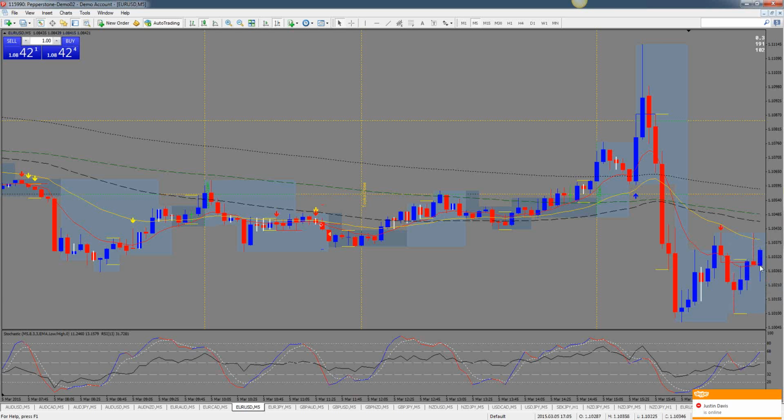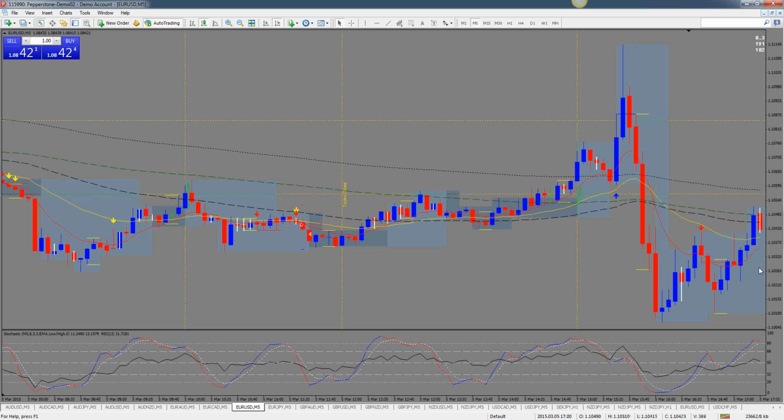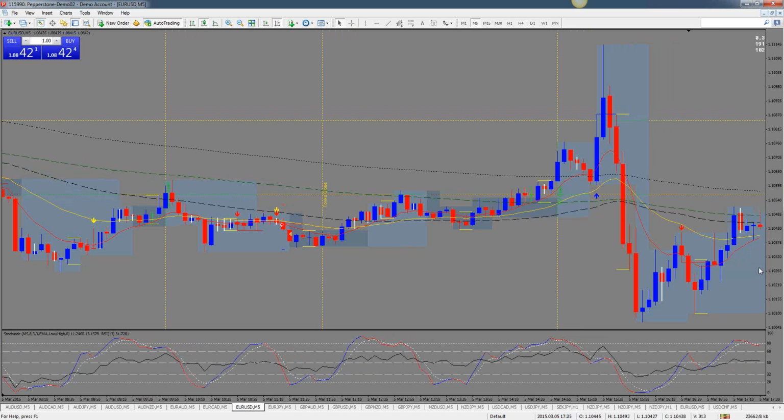Now I'm assuming that at some point I'm going to get a signal bar down if the trend continues to stay down, because it's closed above my 10. So when I'm flipping through my charts, I see that and say, okay, euro dollar might give me another short signal soon. And it didn't here.